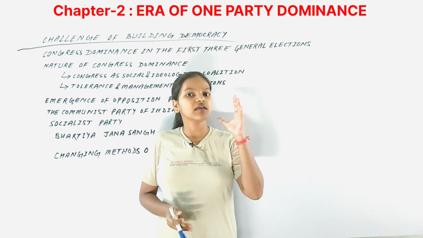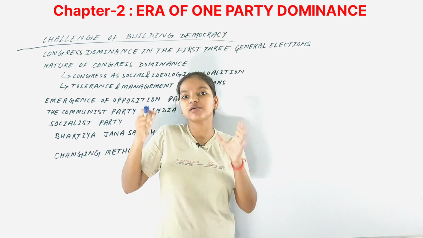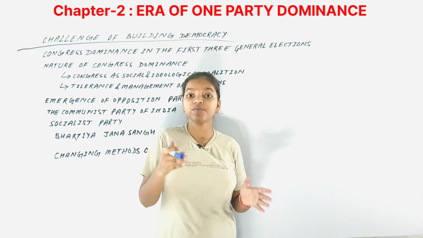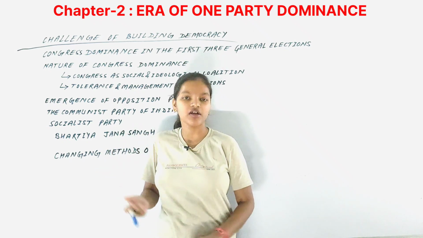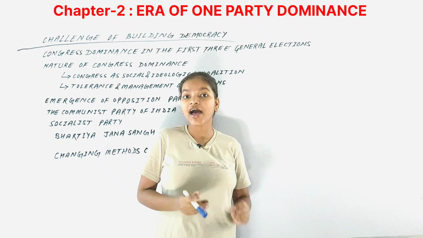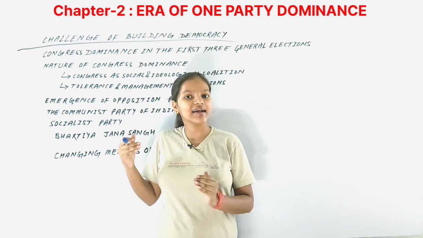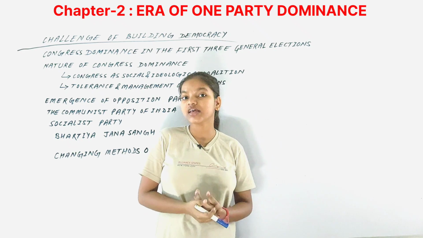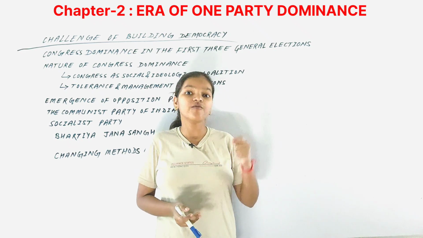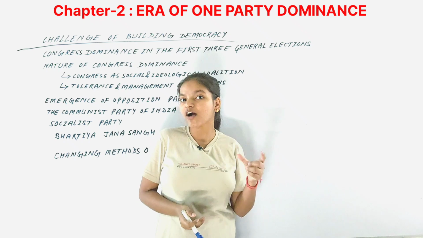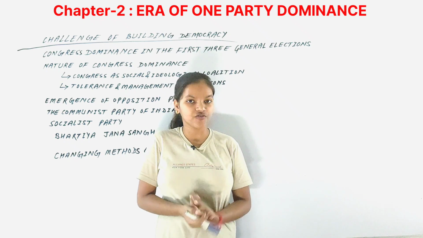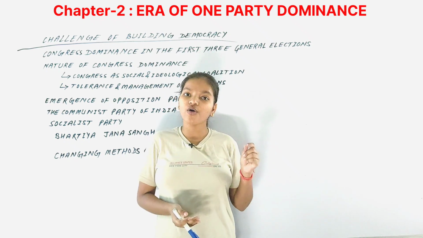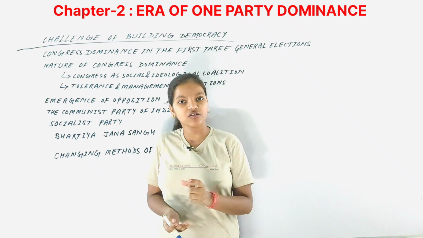Now, if you're holding democracy in the country, if there has to be democratic politics in the country, then of course it's important to have a government which is elected by the people. And if there has to be a government elected by the people, then the important point is that you have to hold elections in the country, and the provisions for all the elections will be in the constitution.